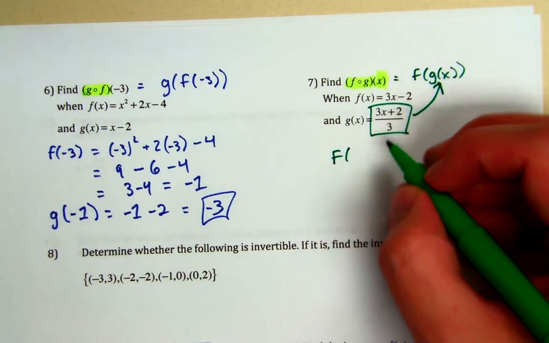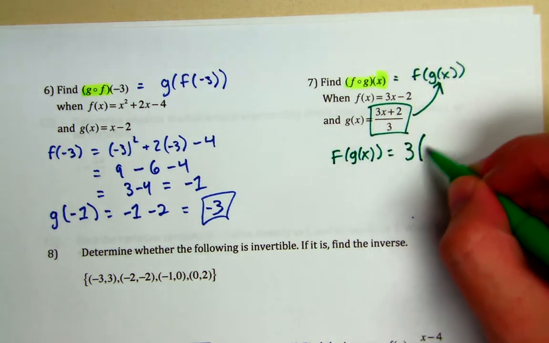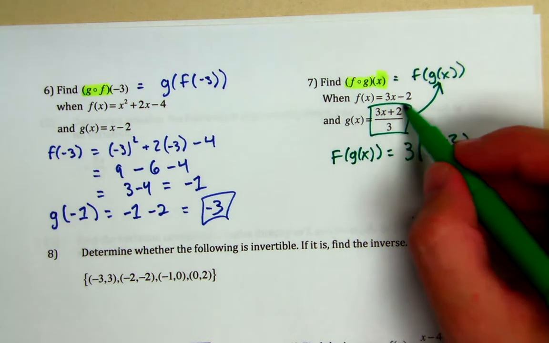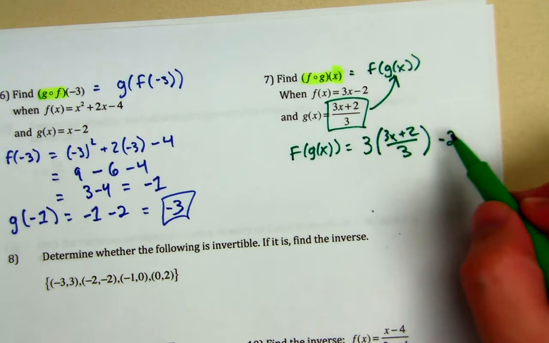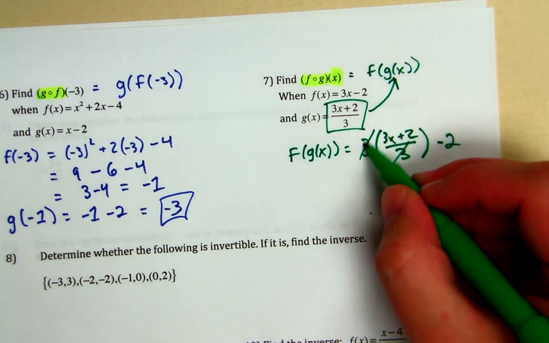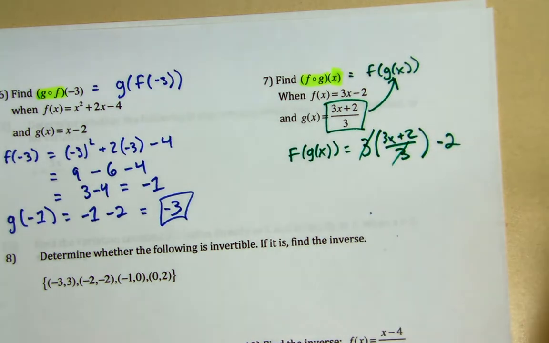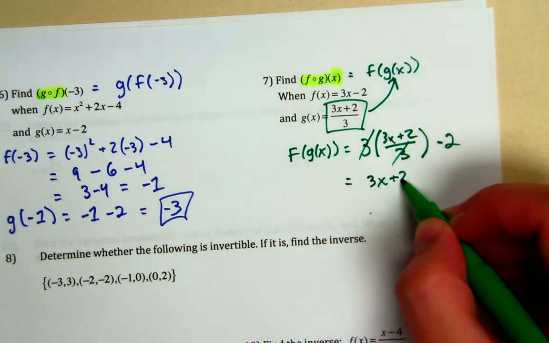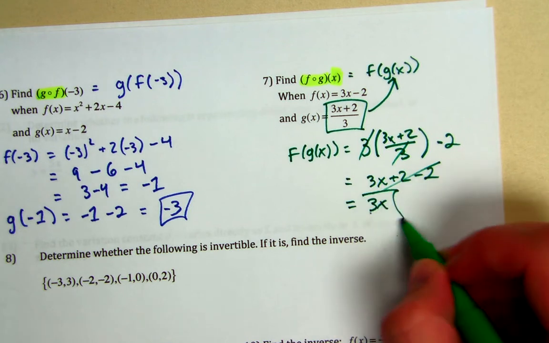So f of g of x equals 3, put in 3x plus 2 over 3, and subtract the original 2 from f of x. Now here, a lot of you want to distribute this, but if these two match, they go away. And same thing, if you did this, you could do 3 times 3 is 9, 3 times 2 is 6, divide 3 out of both of those. Again, they cancel out. So you get 3x plus 2 minus 2, which ends up as just 3x.